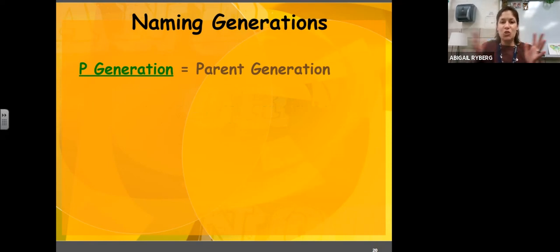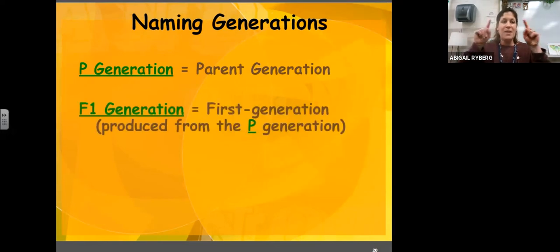When geneticists are tracking generations, beginning with Gregor Mendel, it's really important that we're able to name the generations and understand what these names mean. The generation that we start with is called the P generation, or the parent generation. They breed and then produce the F1, or the first generation.